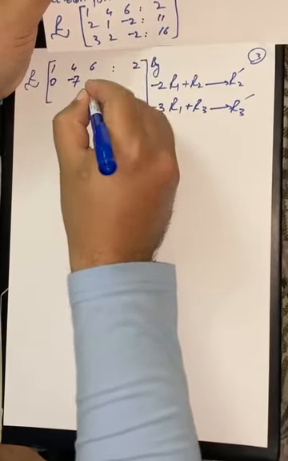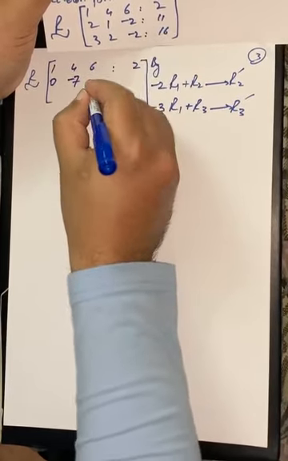Now the last row: minus 3 ones are minus 3, plus 3 gives me 0. Minus 3 fours are minus 12, plus 2 gives me minus 10. Minus 3 sixes are minus 18, minus 2 gives me minus 20. Now the last one: minus 3 twos are minus 6, minus 6 plus 16 gives me 10.